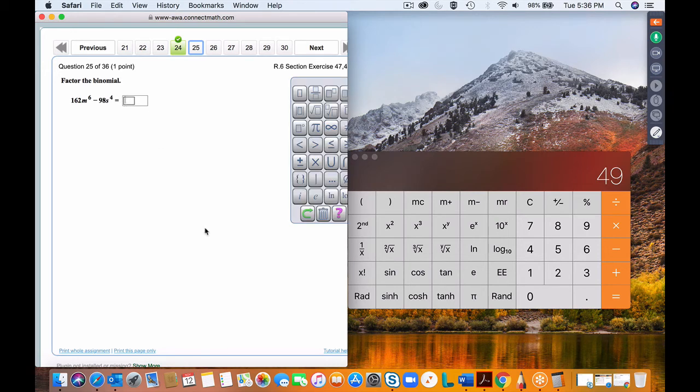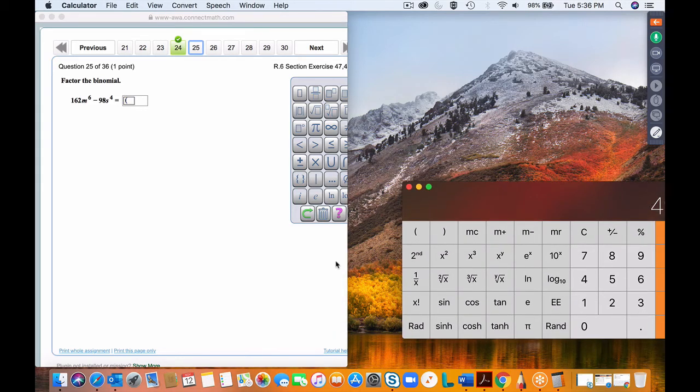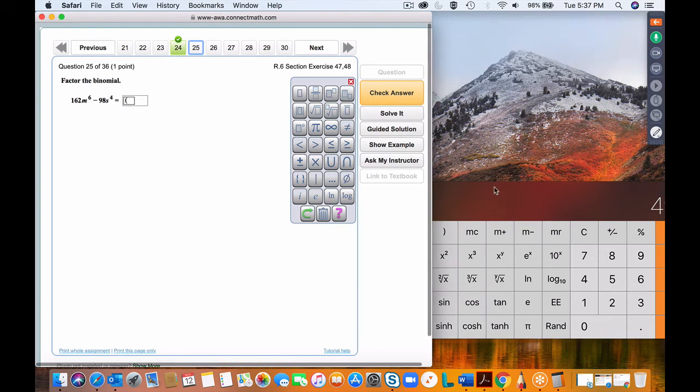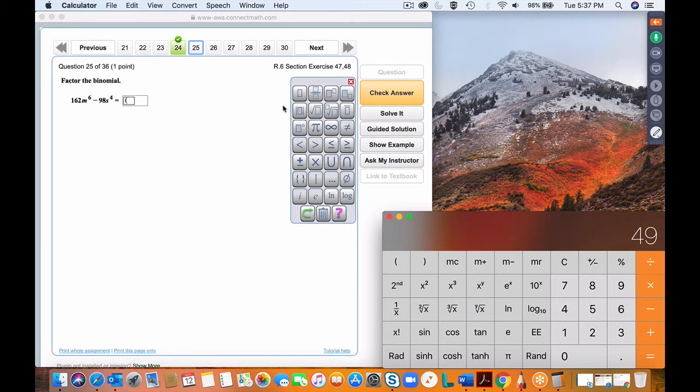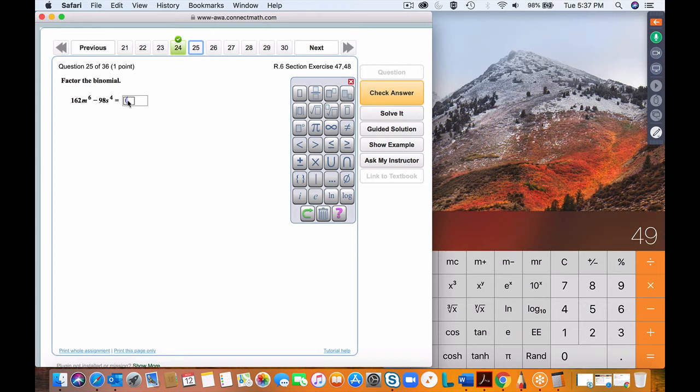Once you click over here, remember you open parenthesis, and we have these tools. It's very important because now I'm going to place the number, and then the next is the letter, and then I say raise.